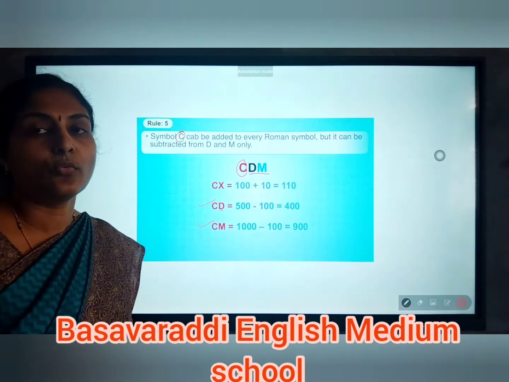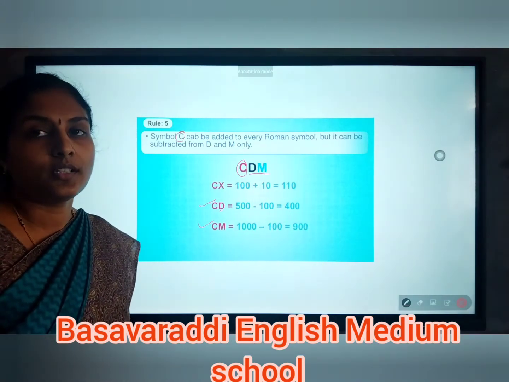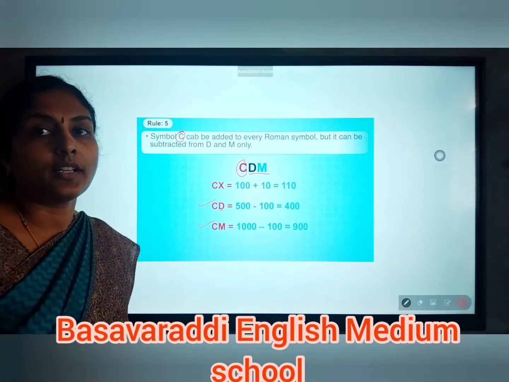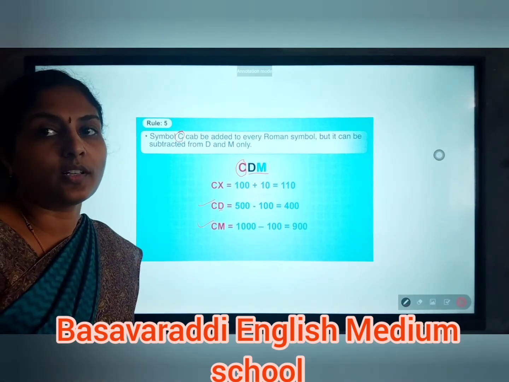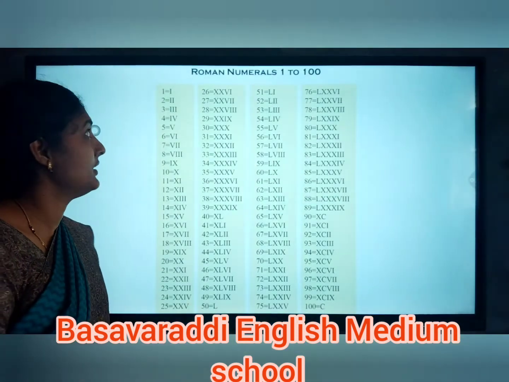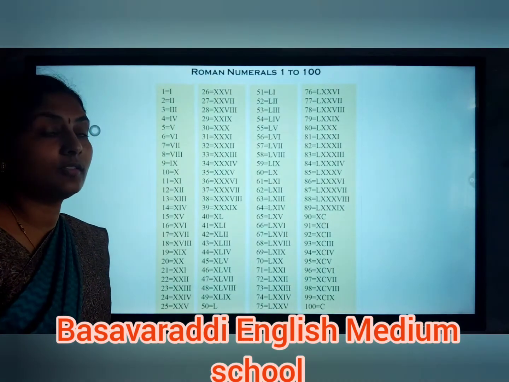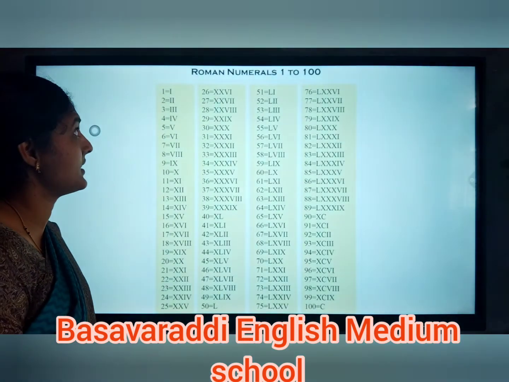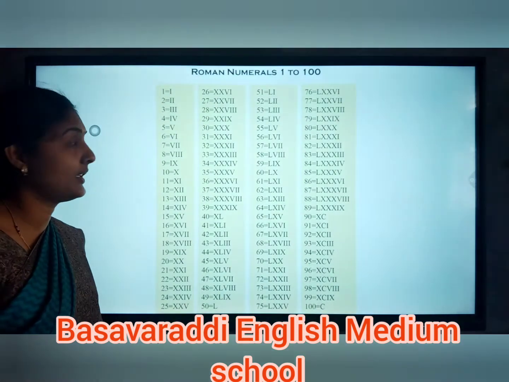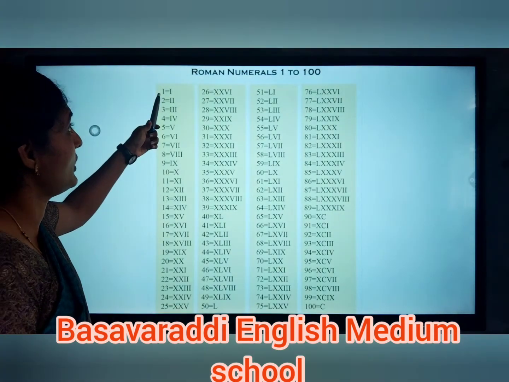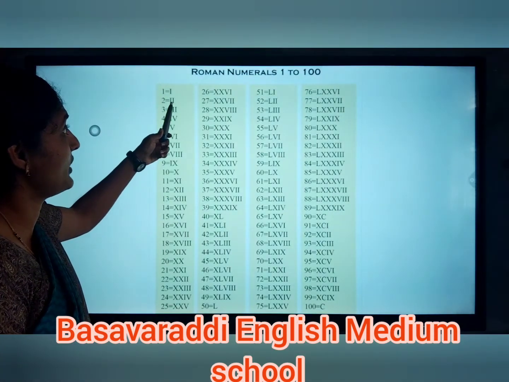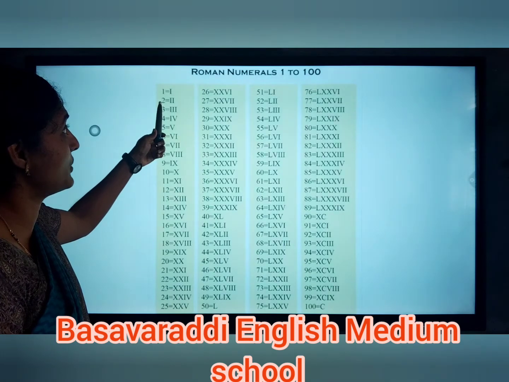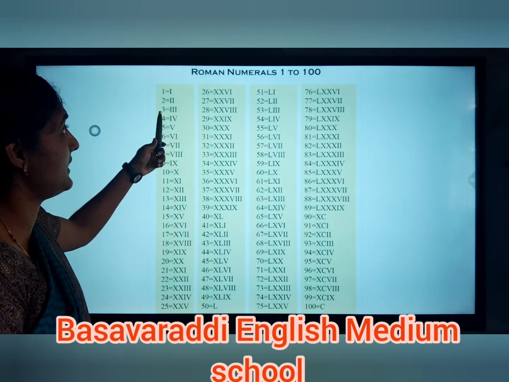Okay, these are rules 1, 2, 3, 4, 5. These are very important for writing Roman numerals. Okay children, here are Roman numerals 1 to 100. This is the chart of Roman numerals 1 to 100. The value of I is 1, II is 2, III is 3.